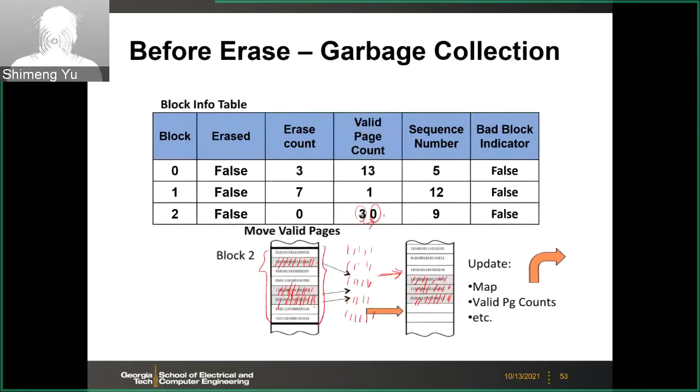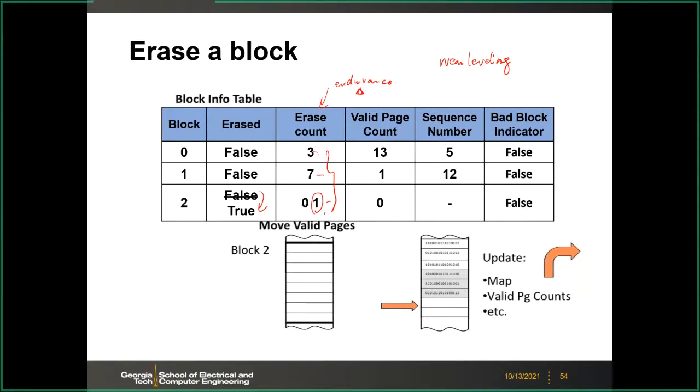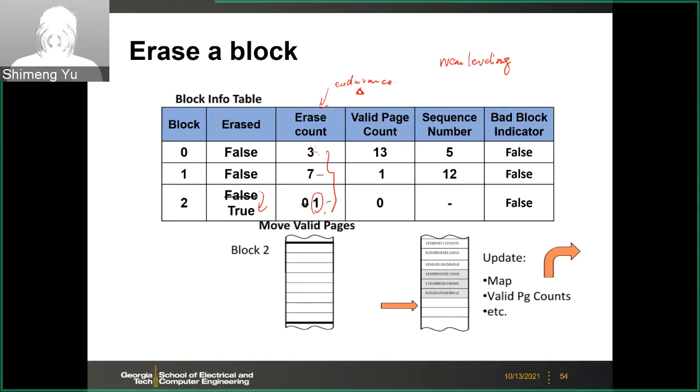So there are many considerations in the controller design. For example, you have to keep a certain number of blocks erased in the Nonflash, in the SSD, because the SSD will have no idea how much data you want to write consecutively. For example, if you want to record your video for like 1 hour, you have to make sure there's enough space, that means enough erased blocks available for you to record such a long video.